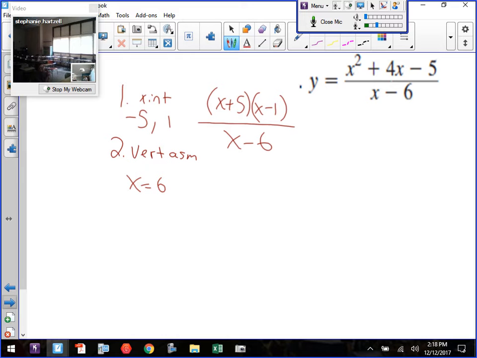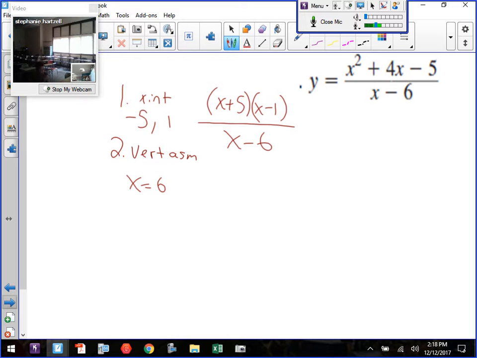Horizontal asymptotes. Now, if you go through the checklist on the horizontal asymptotes, you had 3 things to look at. You had m greater than n, m less than n, and m equal to n. If it was greater, then you had no horizontal asymptote, but look for a slant, correct? That was one rule. If it was less than, it was at 0, I believe.